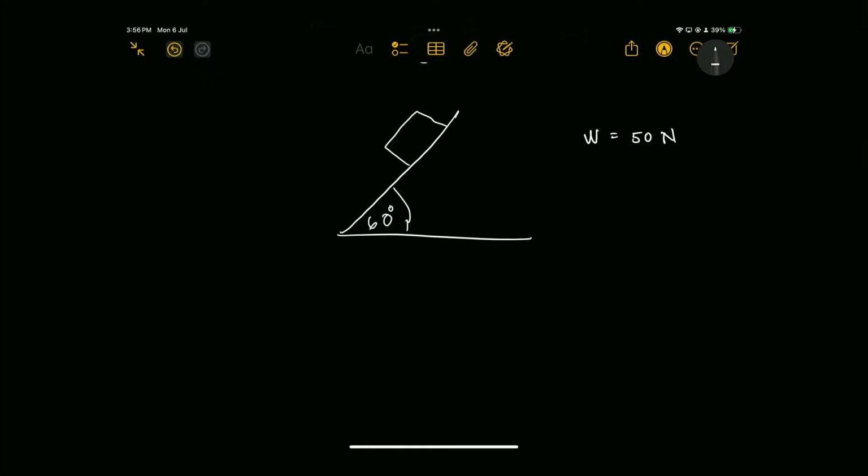Right, so the weight now acts from the center of mass, acts vertically downwards, right? So this is the weight, this is equal to 50 Newton downwards, right?